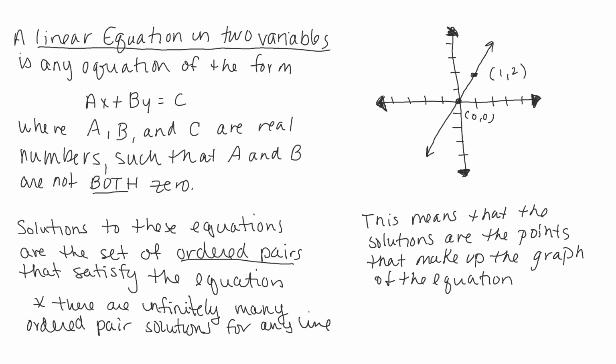All right. So these 2 points, if we look at this little graph right here, these 2 points, 0, 0, and 1, 2, these would be solutions to some equation, but they're only 2 of infinitely many solutions.